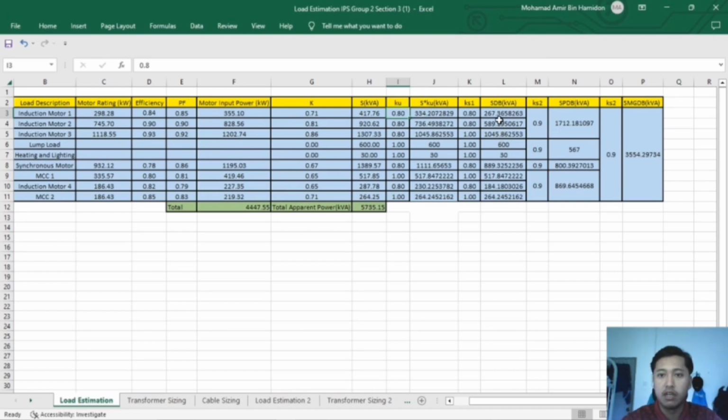Then for the diversity factor, we take the value that we already multiplied with the utilization factor and multiply it with the diversity factor 0.80, and we get the new apparent power.